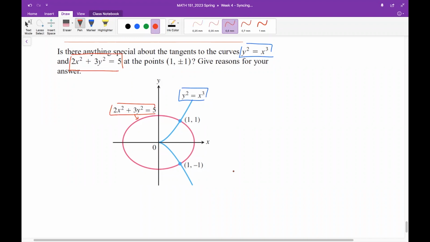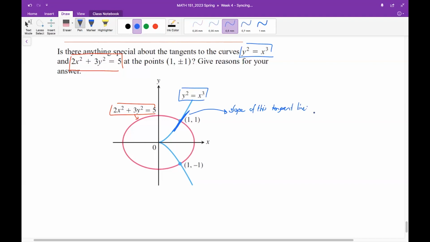The question is about the tangent lines of them. So let's try to find some information about the tangent lines drawn at this point (1, 1). Let me draw a tangent line to the blue one at this point. You see, this is the tangent line to the blue curve. I want to find the slope of it now.